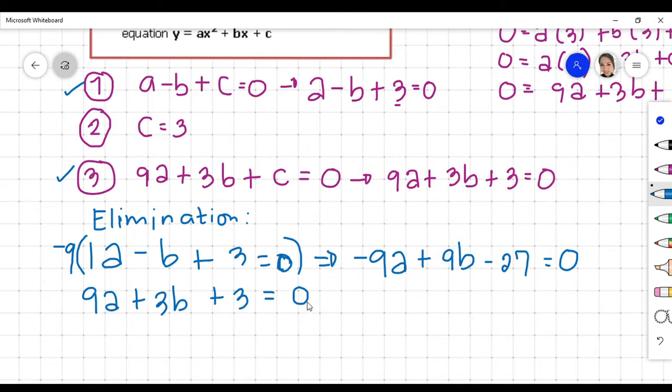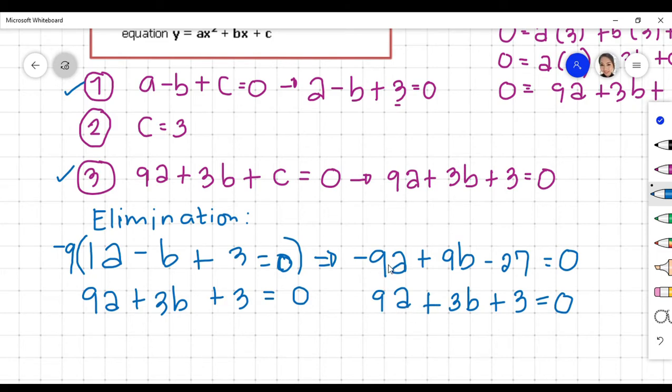And then I will just copy this one, so that is 9a plus 3b plus 3 equals 0. So notice class, yung coefficient ng equation 1 natin ng a is opposite ng coefficient ng a in the third equation, which is this one.